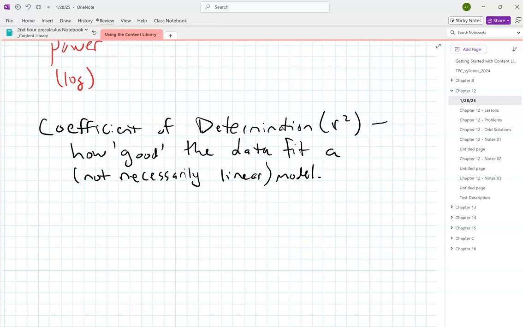So if I'm comparing a quadratic and an exponential model or something, I can look at the R squared values to decide which one is really the better fit for my data. Because sometimes if I have just a piece of an exponential or a piece of a quadratic, they look really the same, right?